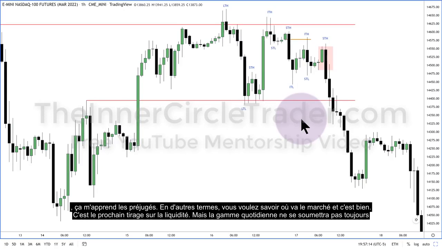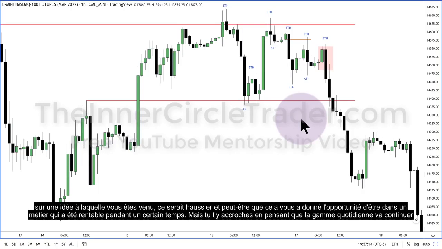But the daily range will not always submit to that bullish or bearish, right from the opening go higher or right from the opening go lower. Sometimes you'll have consolidation intraday, and you may have been trying to take a trade that was based on an idea that you came to that would be bullish.